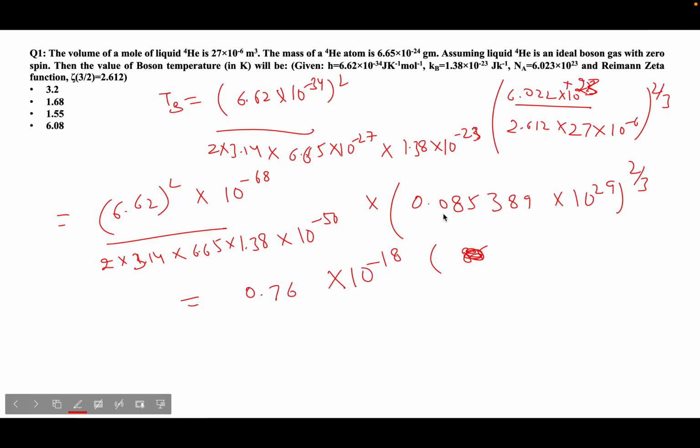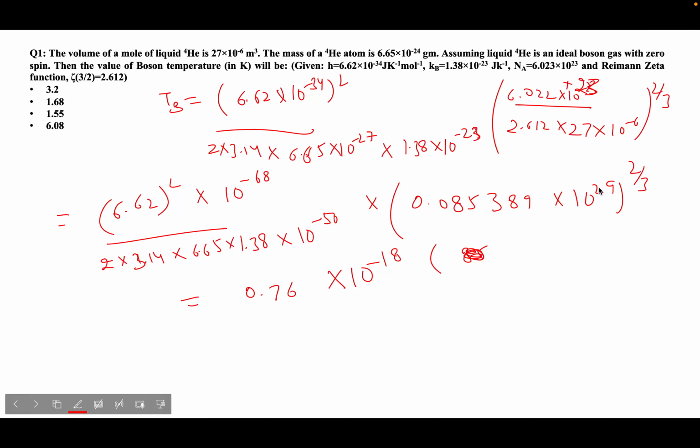Let me calculate it again. Okay, so if I take 2 points here, this is 29, and I want to make it divisible by this 3.